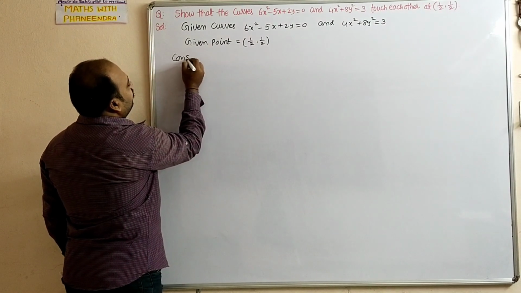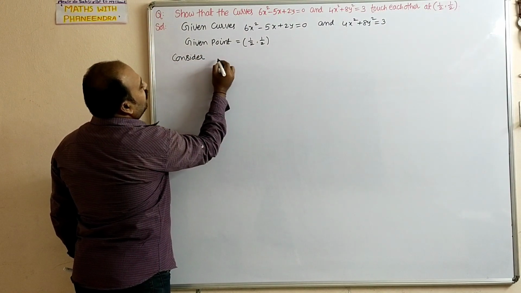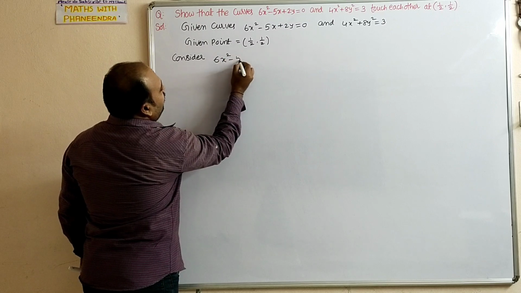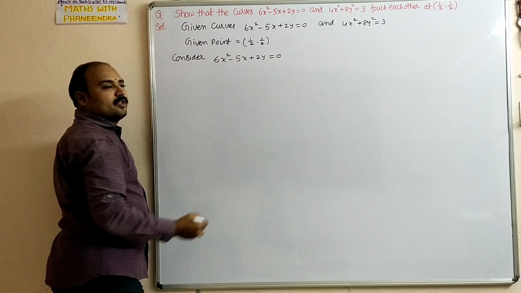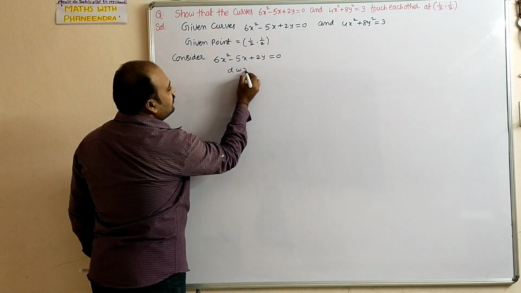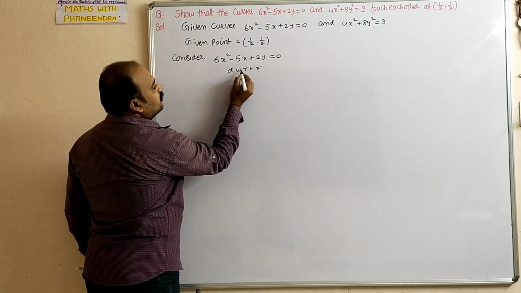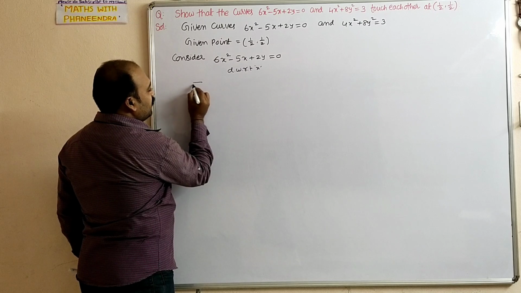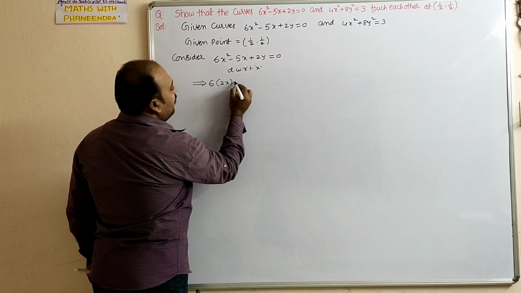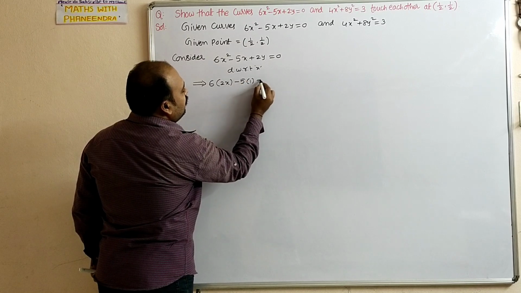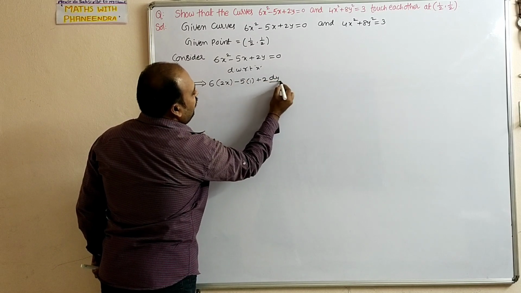Consider the first curve. 6x square minus 5x plus 2y equal to 0. Differentiate with respect to x. 6x square derivative: 6 into x square derivative is 2x. Minus 5 into x derivative is 1. Plus 2 into y derivative is dy by dx.